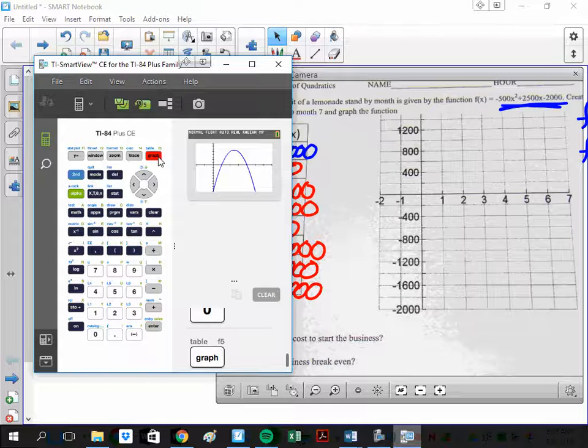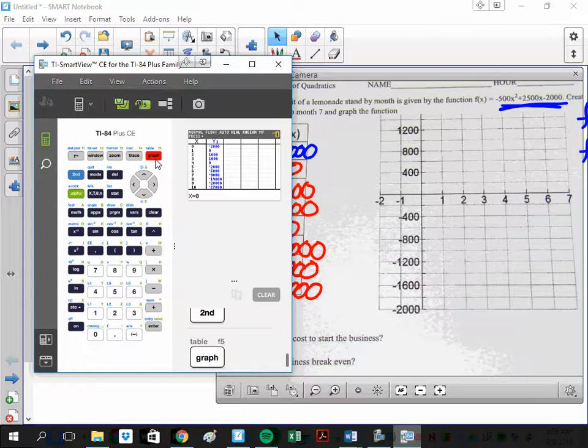Well, we could test it. I could push trace and then hit 1, enter, but I already knew that. Where did I get the answer before? It was in the table. If you go into table, both 1 and 4 showed up as 0. So we knew from the table that those were the roots. So the table is another way you can find the roots, as long as the roots are whole numbers.